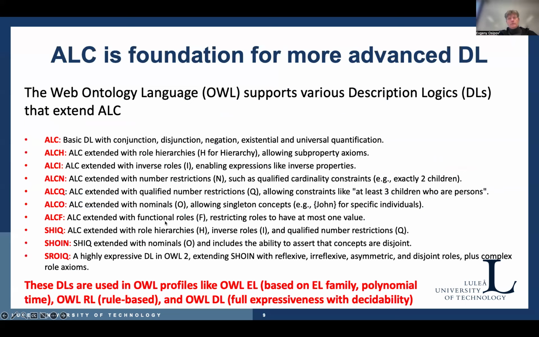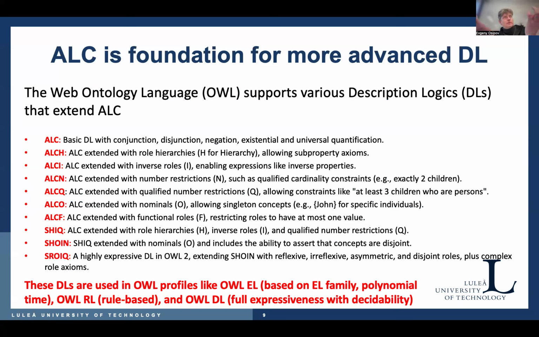So again, briefly to show you all the other possible logics that exist in OWL, so you can choose. In OWL you can define or identify profiles. So the expressiveness of the logic you are working with.